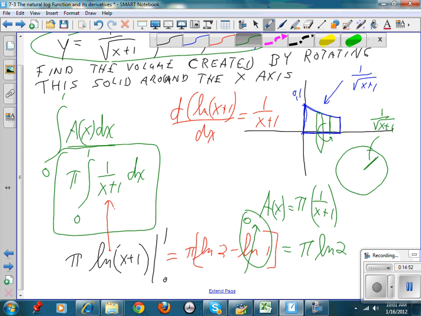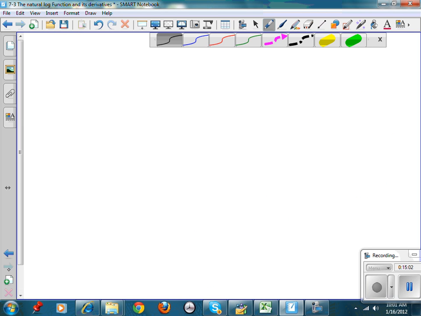I could work a shells problem here too, but actually, let me do another derivative with a natural log real quickly, since we're almost at 15 minutes and we don't want to go over that. How about y is equal to the natural log of x to the 5th plus 3x.